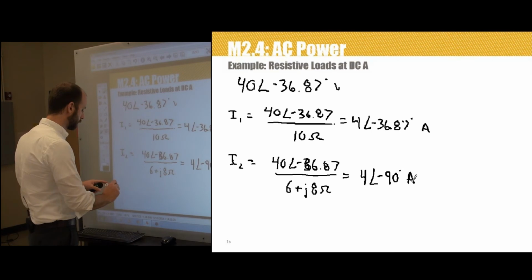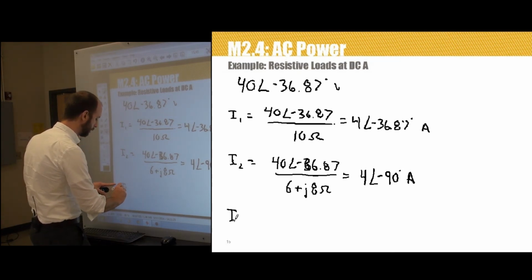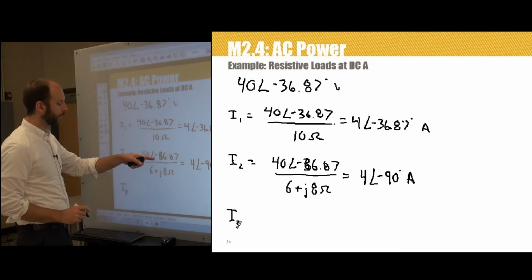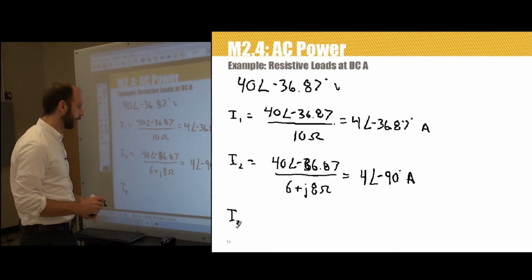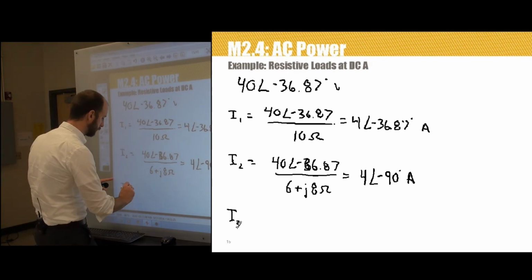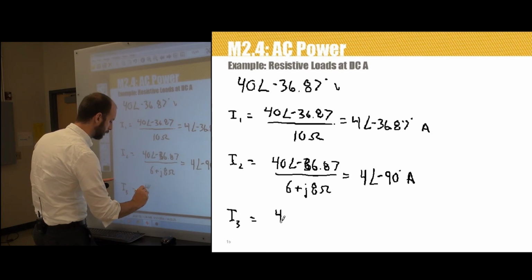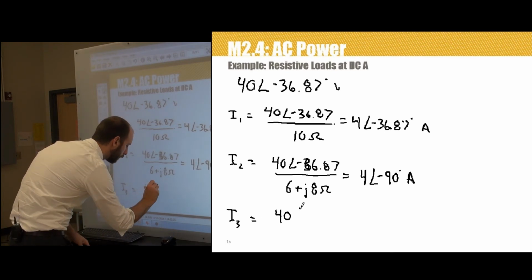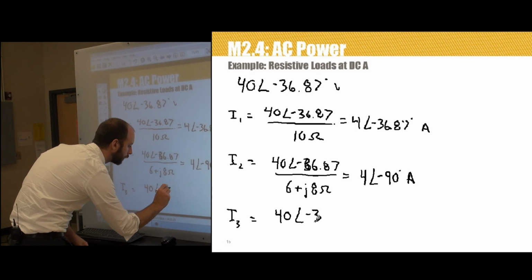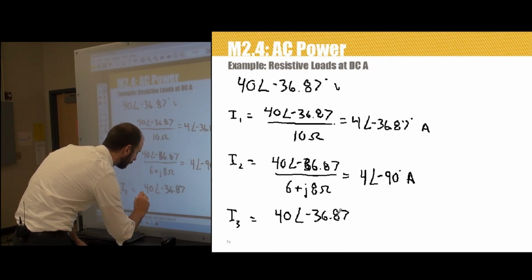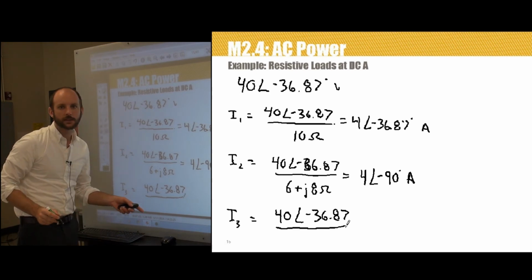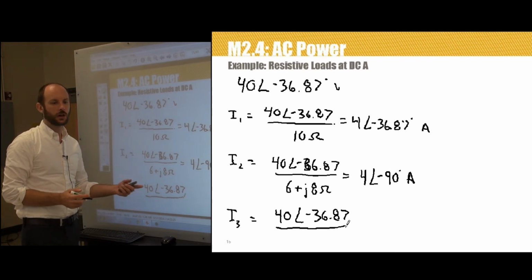And then the third branch current, I3, is going to be 40 angle negative 36.87 divided by the capacitance impedance, 40 angle negative 36.87. We could write this as minus J5.